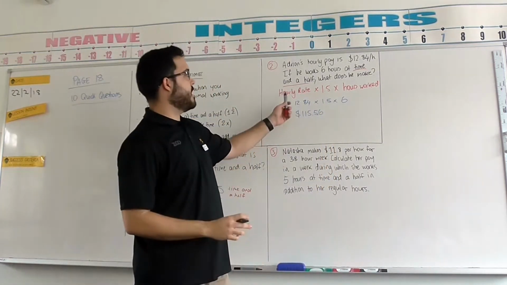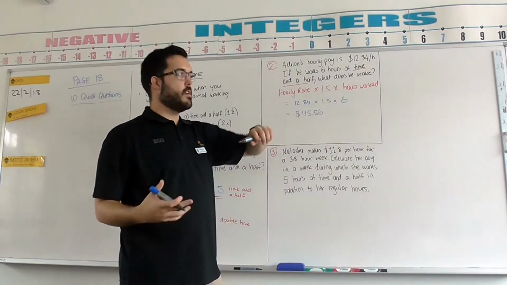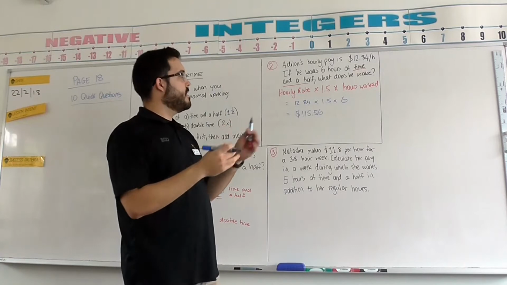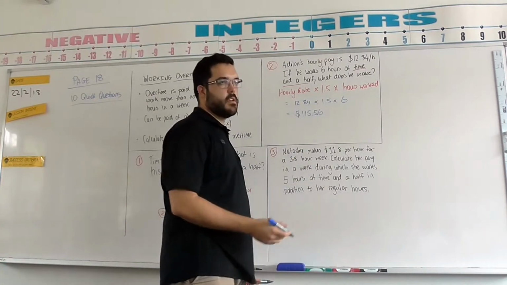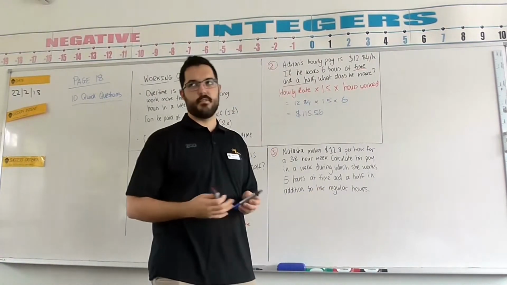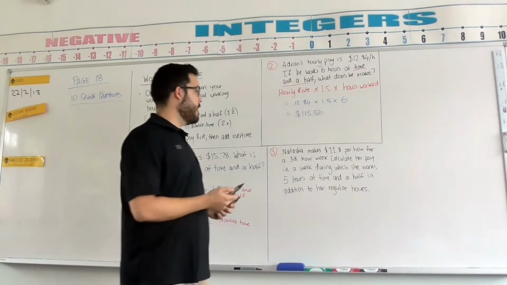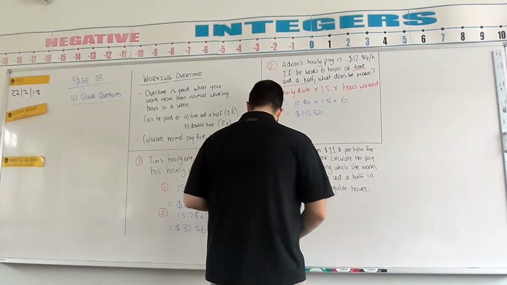So all we've done is take his hourly rate, multiply it by time and a half, so you know what he's getting for time and a half, and then multiply it by hours worked. This would be the equivalent of your Sunday pay if you're working a casual job. Sunday pay is good. I used to absolutely rely on it.